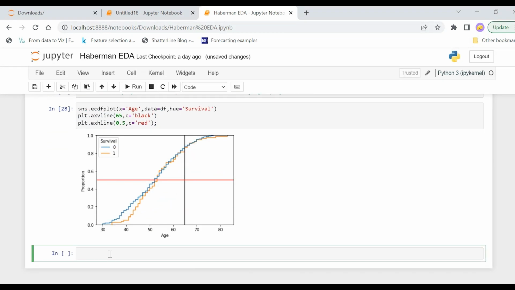So what you can get from here is that nearly, or I can say, 80% of the people were 65 years or below. However, we know the maximum age is like 83. So I can say that mostly the people were 65 or below, maximum 80% of the people.